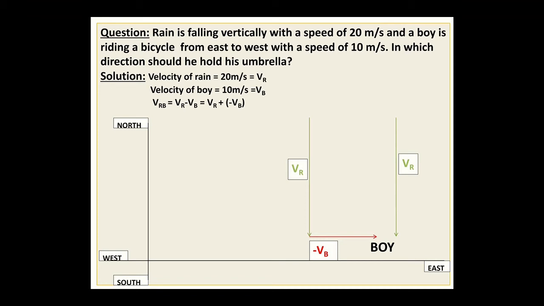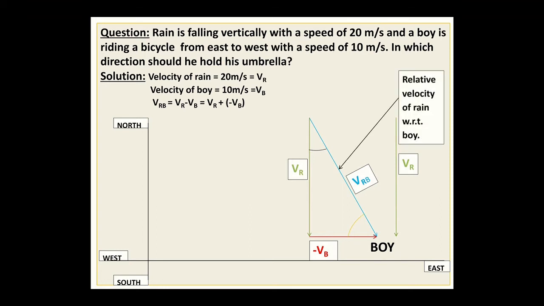So now this is VR plus minus VB. The resultant will be from the tail of the first vector to the head of the second vector. This blue arrow is representing the resultant vector, which is our relative velocity of rain with respect to boy.